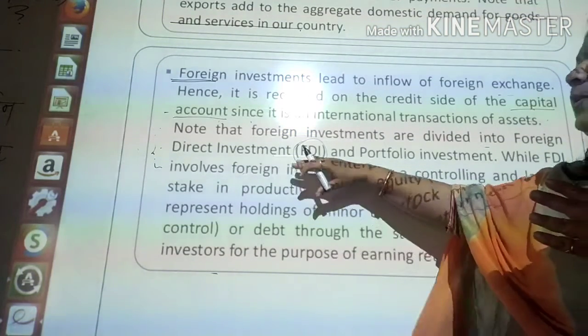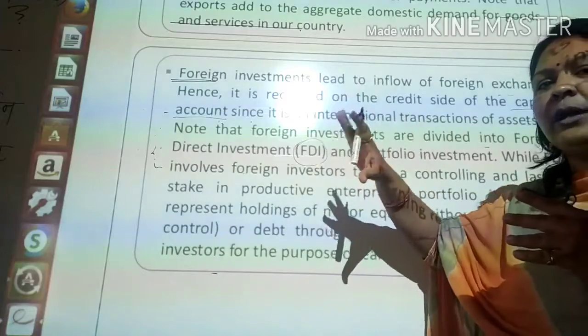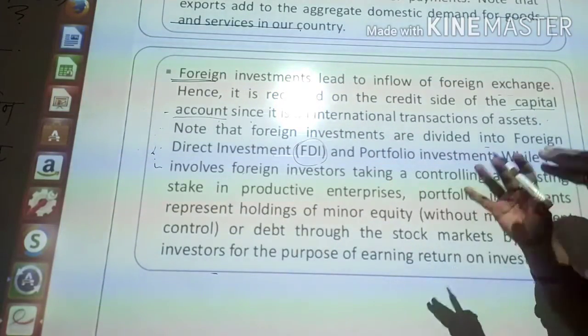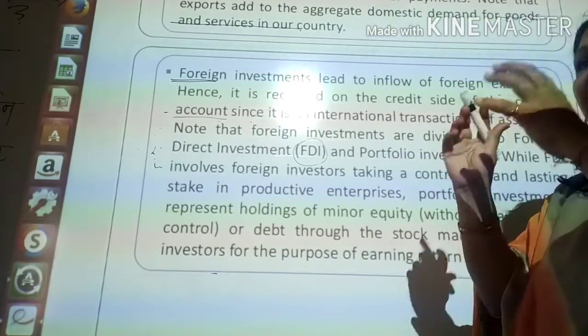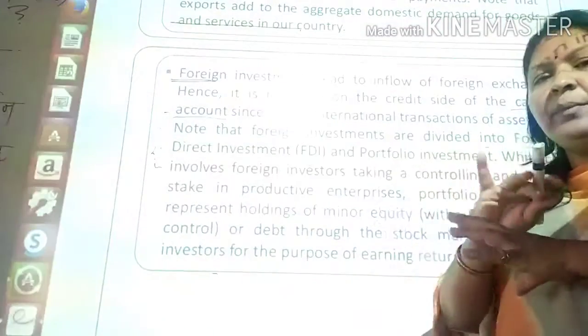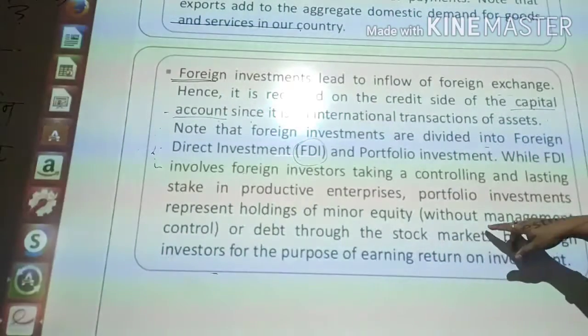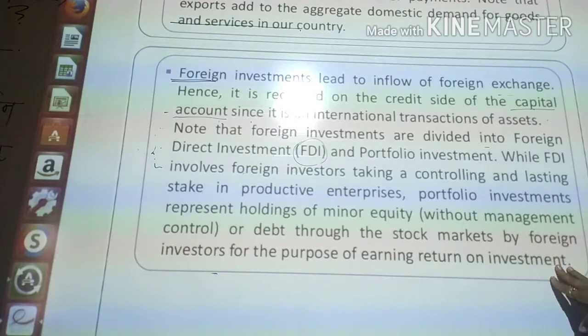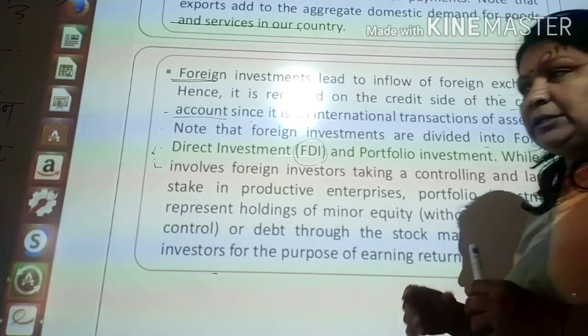It means when we are talking about direct investment, they have interference in management. When we are talking about portfolio, portfolio by name means only on paper, the people included do not interfere in management. So without management control, or through the stock markets by foreign investors for the purpose of earning return on investment.